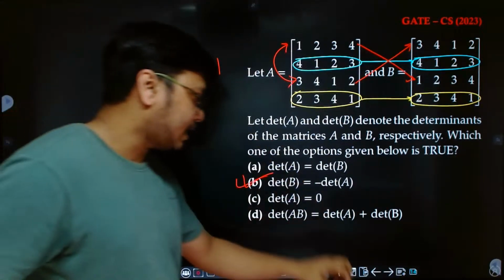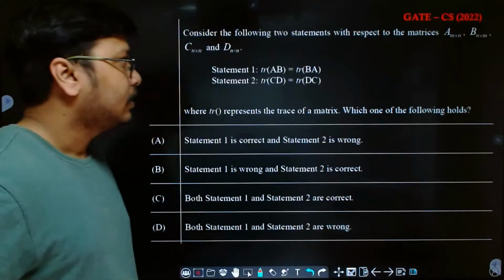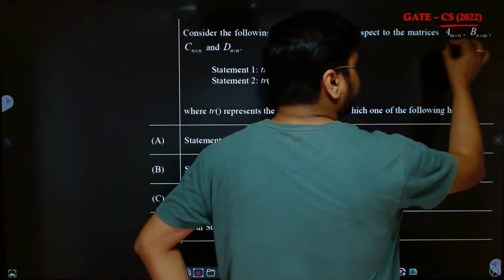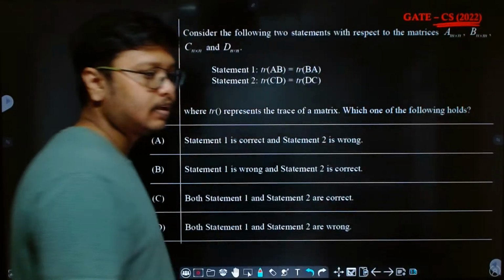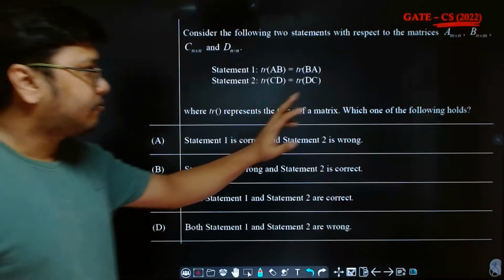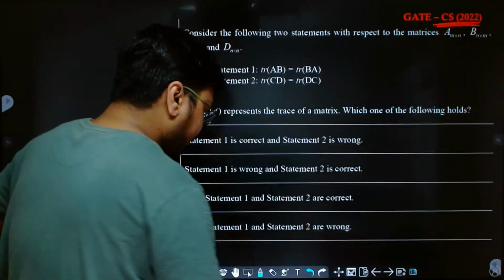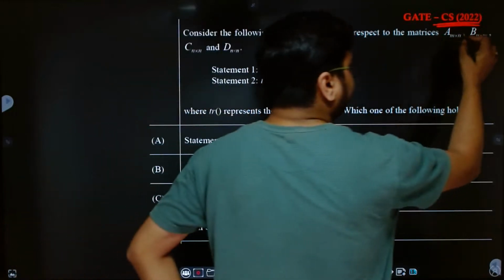Okay. Let's do another question. GATE CS 2022. If it is not visible over there, I will write it. Here it is written.